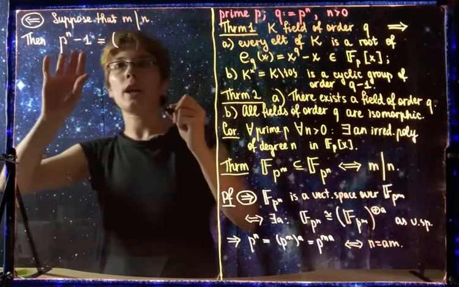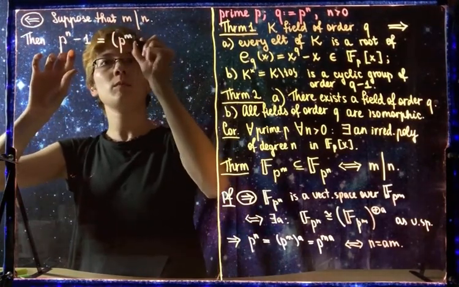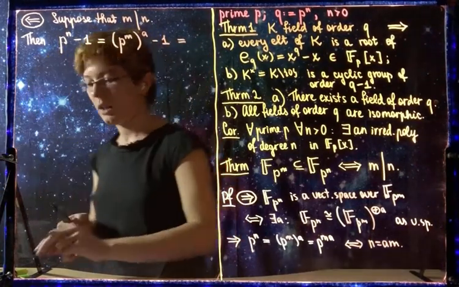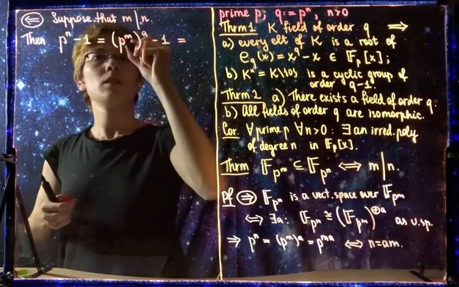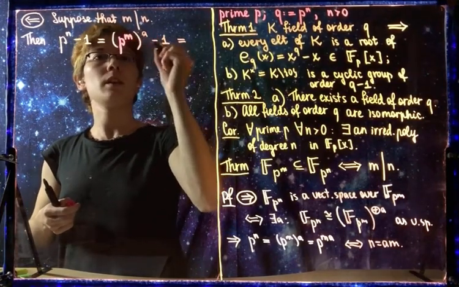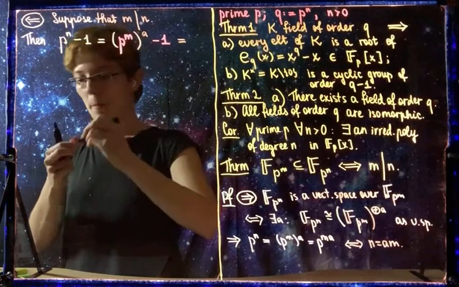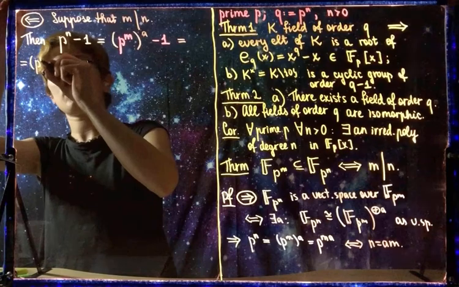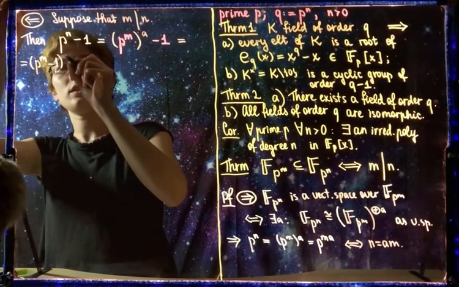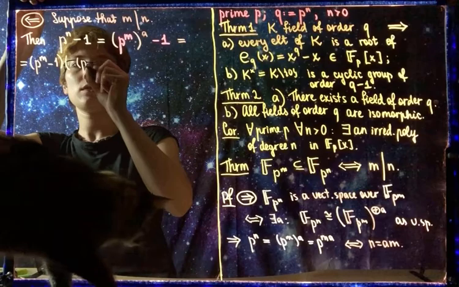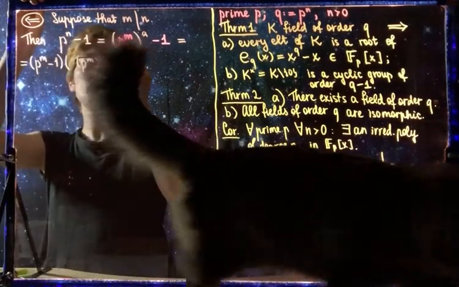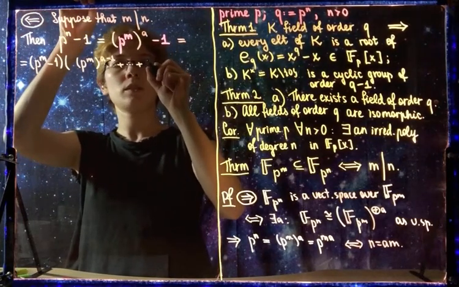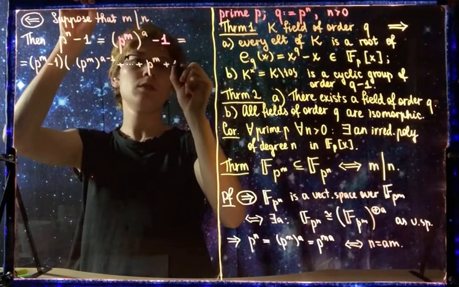I can write p to the n as p to the m to the power a, minus 1, and then viewing p to the m as one symbol, I can write it as p to the m minus 1 times the sum of p to the m to the power a minus 1, to the power a minus 2, etc., p to the m plus 1.